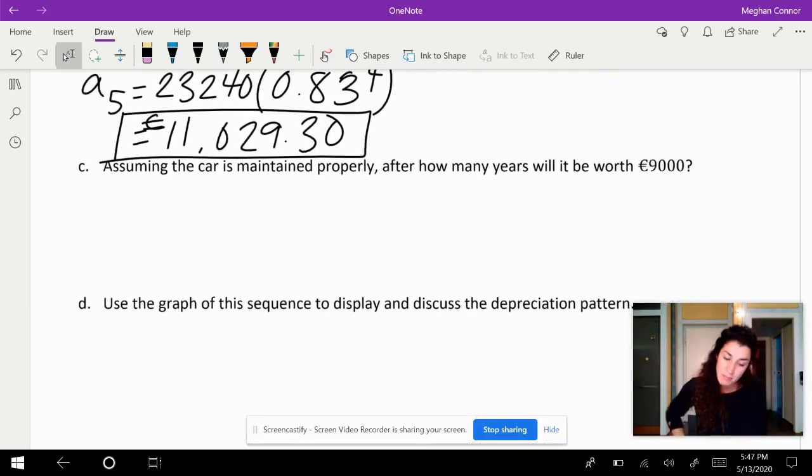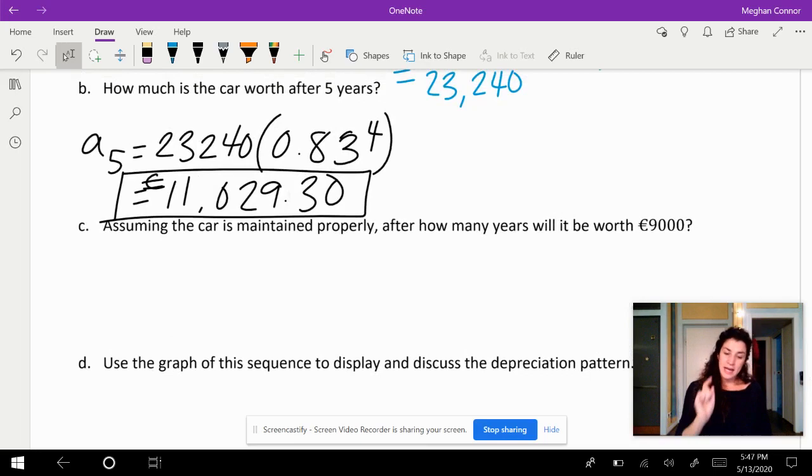Assuming the car is maintained properly, after how many years will it be worth 9,000 euro? Okay, so we now are starting to deal with our exponent being the unknown. And in order to solve for an unknown in an exponent, we have to use logarithms, which I know some of you feel pretty confident with, and some of you don't.